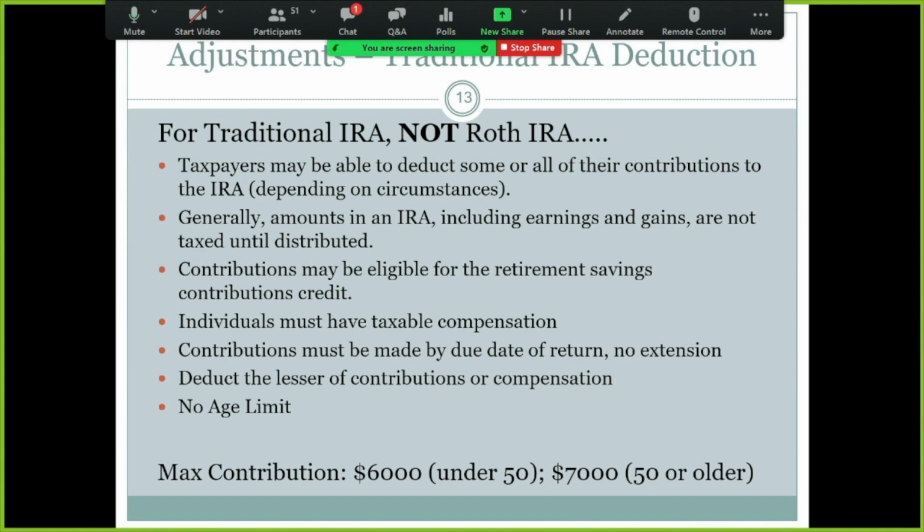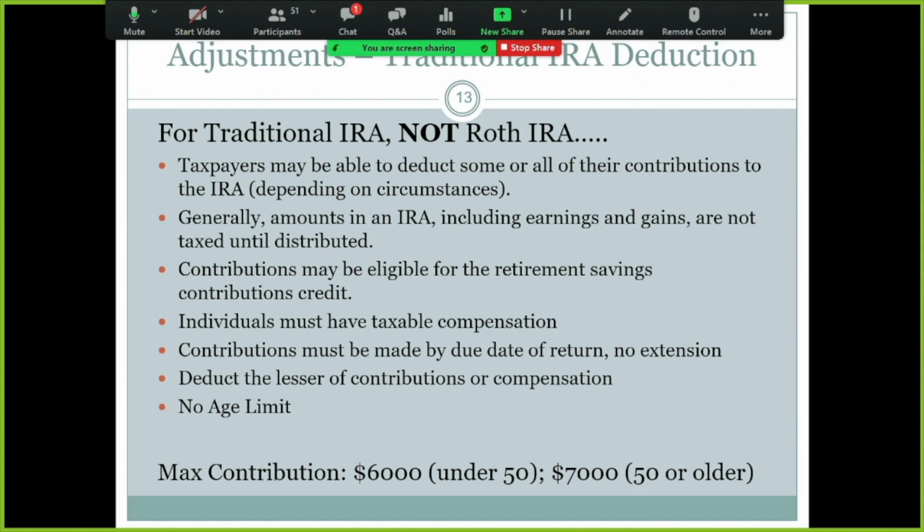You can also take an adjustment for a traditional IRA deduction. For traditional IRAs and not Roth IRAs, taxpayers may be able to deduct some or all of their contributions to the IRA, depending on circumstances.